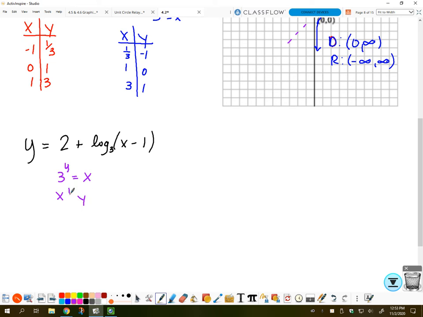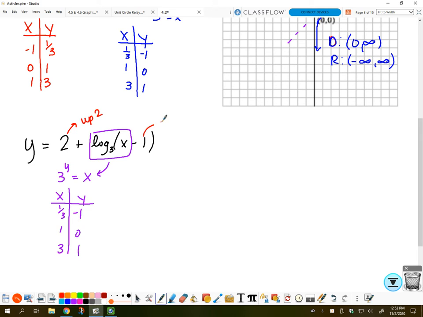We're going to make a table. So we took this basic log right here and wrote it in exponential form. We're picking -1, 0, and 1 for the y's. So we get 1/3, 1, and 3. Then we know that this tells me to go up 2, because that's a +2 on the outside.